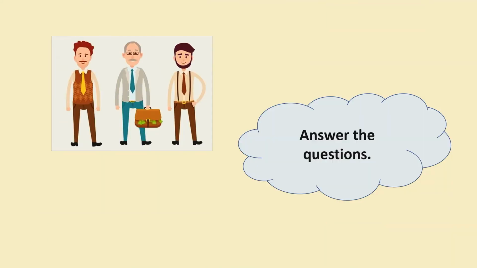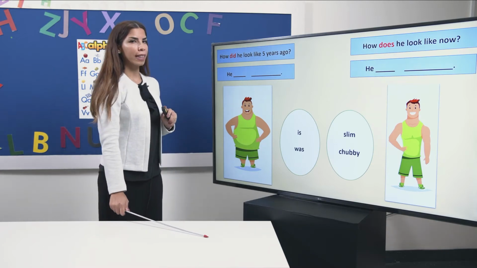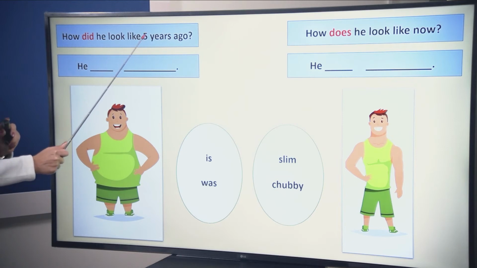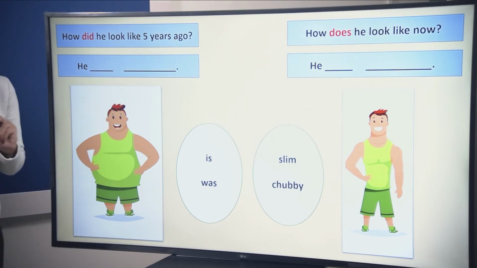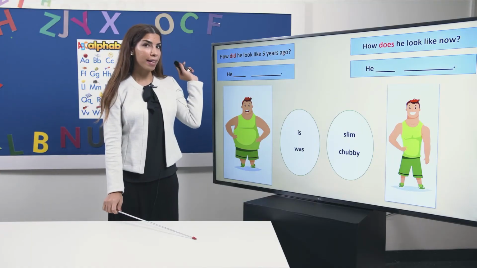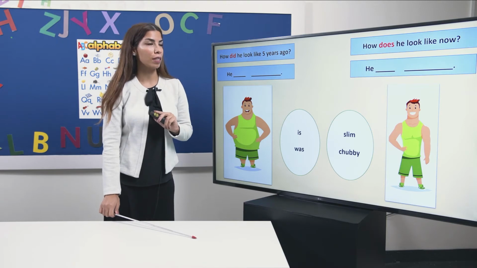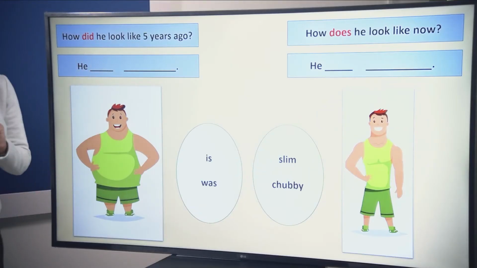Let us answer the questions together. Look at this. How did he look like 5 years ago? 5 years ago is the past. First of all, notice the question. In the question, we used did.